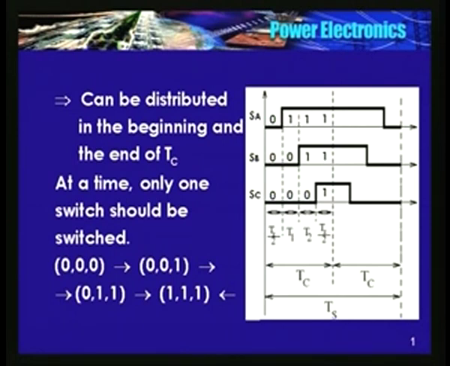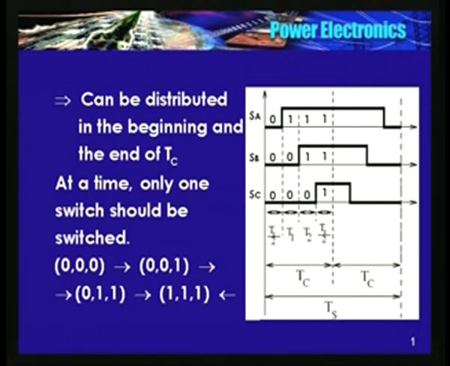At the end of T1, I am turning on the upper device of phase B. So, that is 1 1 0, where C phase is 0, B phase is 1, A phase is 1.